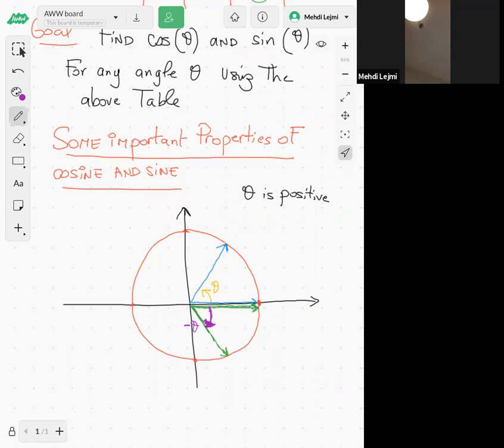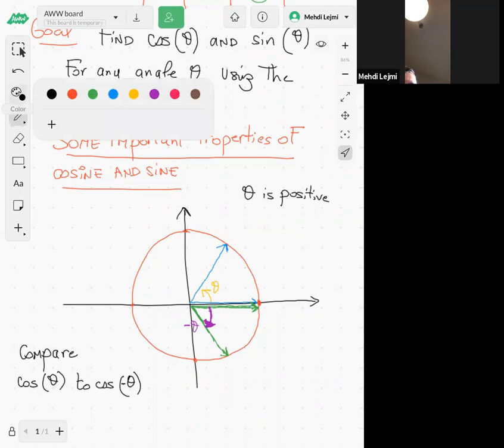Now, I want to compare the cosine of theta to cosine of minus theta. So where is cosine of theta? Well, cosine of theta, as I said, guys, you take the point which corresponds to the angle theta.